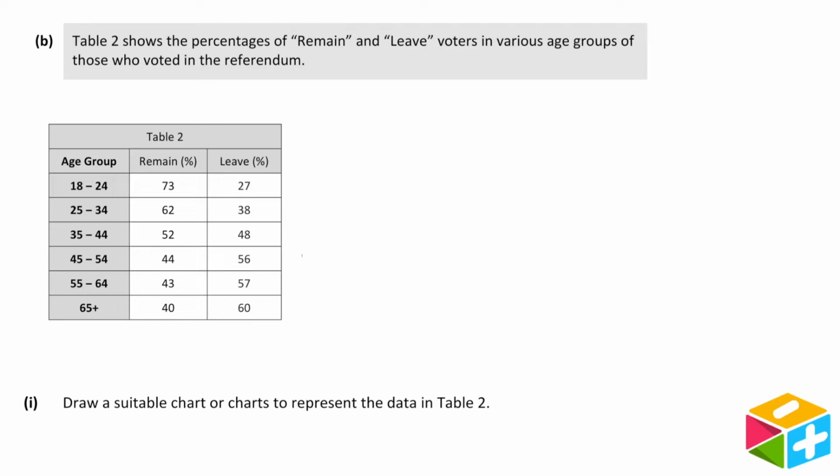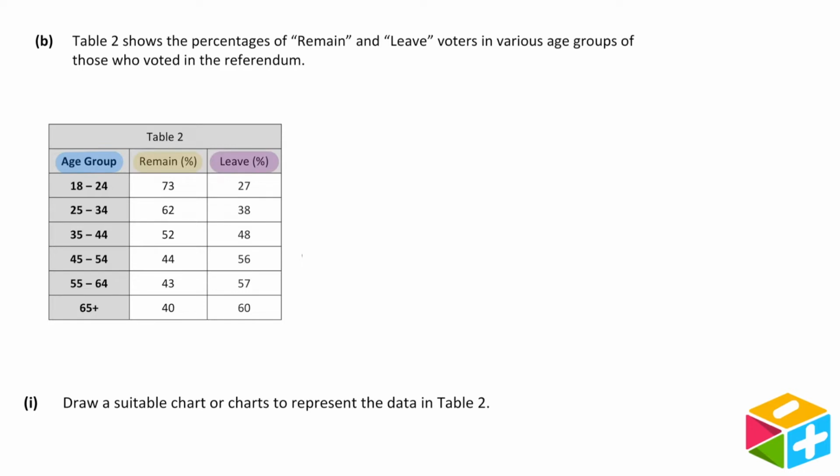Part B. Table 2 shows the percentages of remain and leave voters in various age groups of those who voted in the referendum. Draw a suitable chart or charts to represent the data in Table 2. Taking a look at our table, we have the various age groups in the first column.